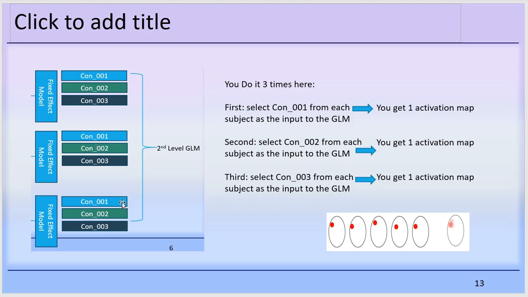Another time you execute your program, you select the second contrast images of each subject, and in the last execution you select the third contrast image from each subject, and at the end you will have 3 contrast images for this group of subjects.